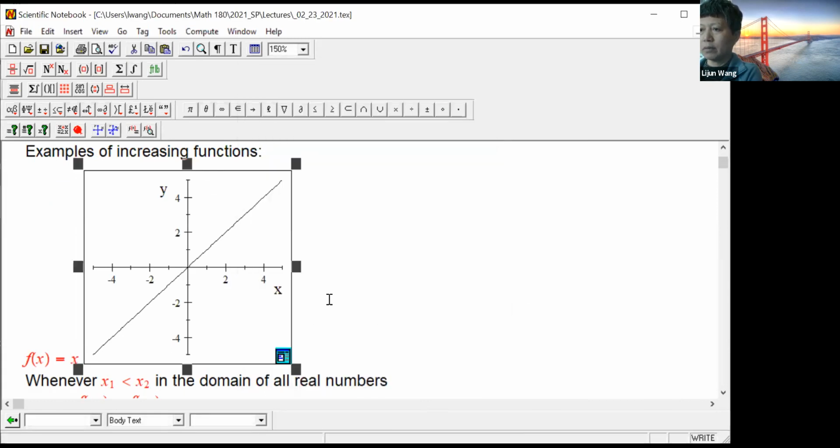Okay, so this is fine. Whenever x1 is less than x2, suppose you pick a point here. That's x1. And you pick a point here, x2. Input, output.